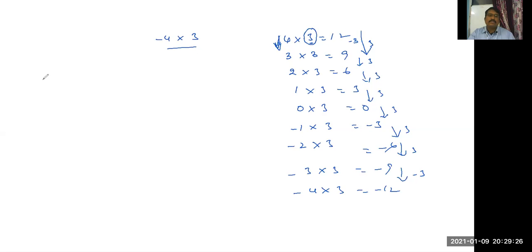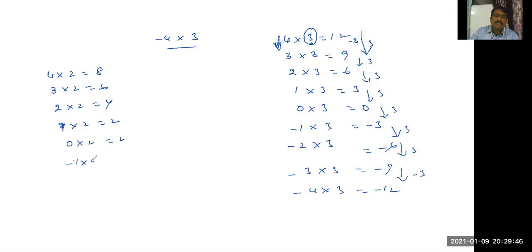Similarly, if we take minus 4 into 2, then 3 into 2 is equal to 6. 2 into 2 is 4. 1 into 2 is 2. 0 into 2 is 0. Minus 1 into 2 is minus 2. Minus 2 into 2 is minus 4. Minus 3 into 2 is minus 6.